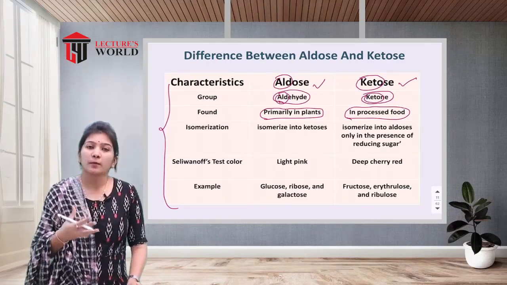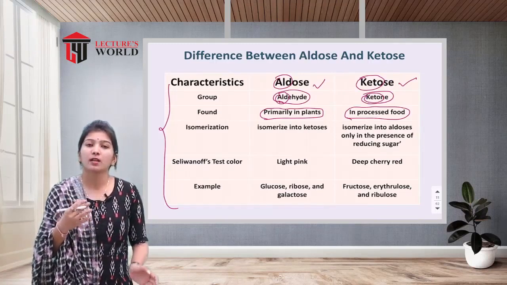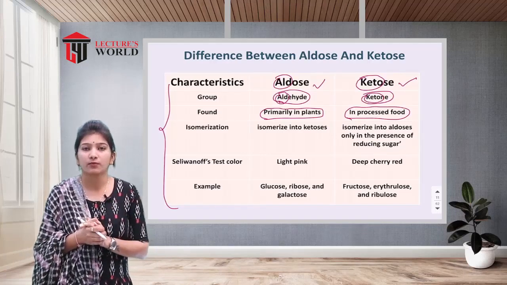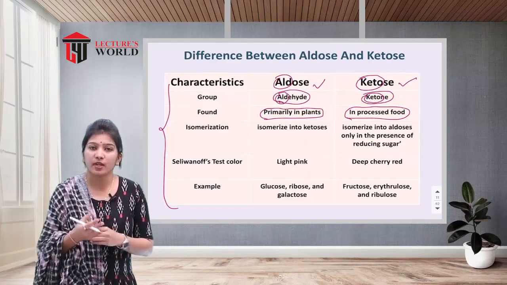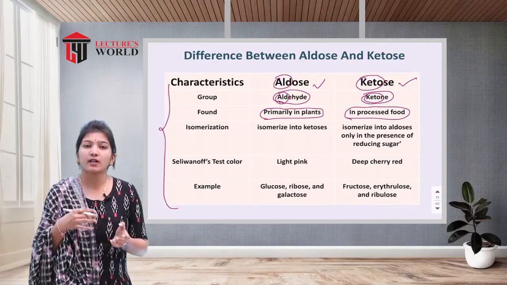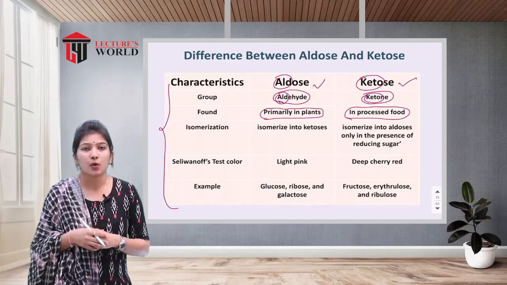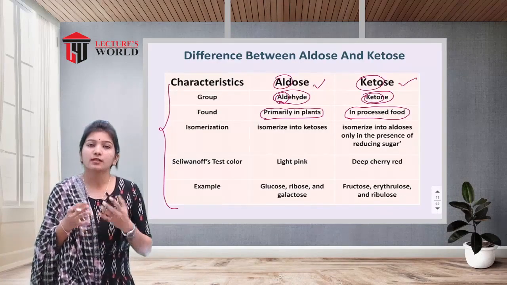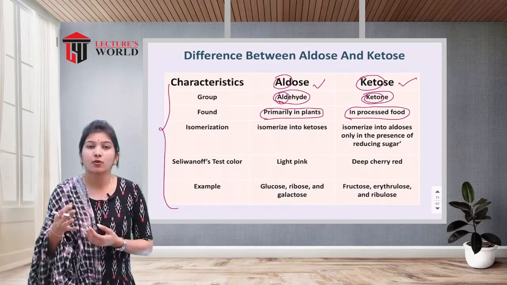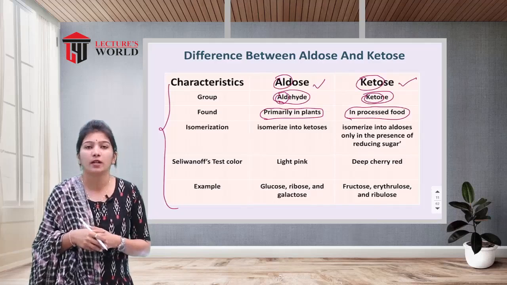During the preparation of food, if we are adding anything or making any alteration in that food, that is known as processed food. While preserving, canning or freezing food, we are adding or altering the preparation of food, and that is known as processed food. So aldose is in a natural form, found in plants, whereas ketose we are making artificially, and because of that it is found in processed food.